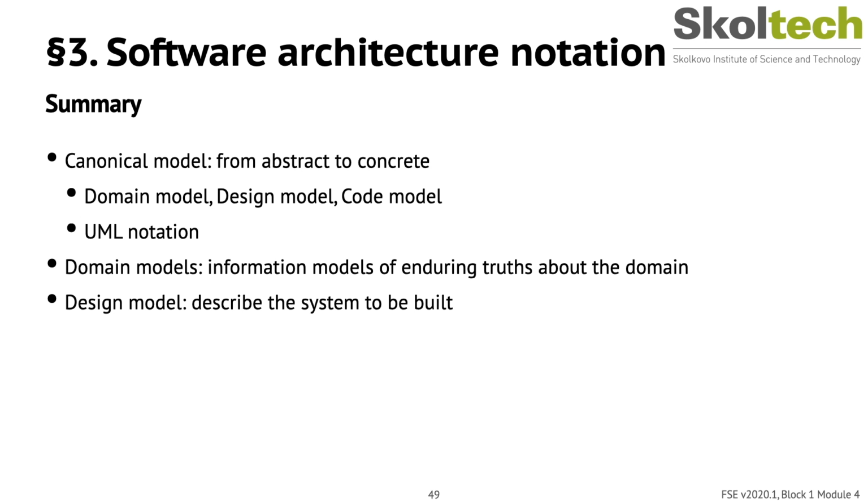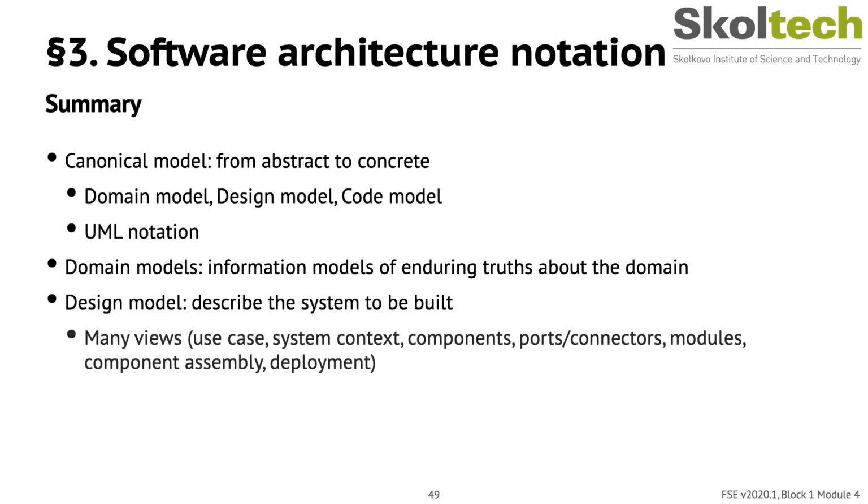The design models describe the system that has to be built. It is typically represented in many views, such as use case, system context, or deployment. We're commonly reasoning with components and connectors to more systematically represent our knowledge about the system design.